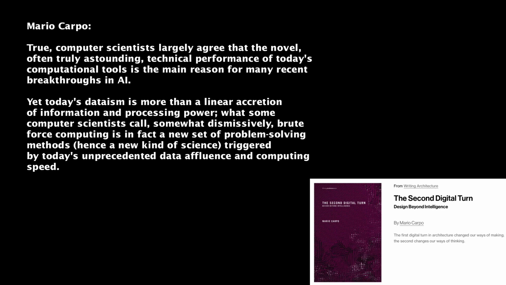He is referring to the fact that now the computing power reachable for us has become so big that the whole technology and the whole methods of digital calculations will change. He says, true, computer scientists largely agree that the novel, often truly astounding technical performance of today's computational tools is the main reason for many recent breakthroughs in AI.